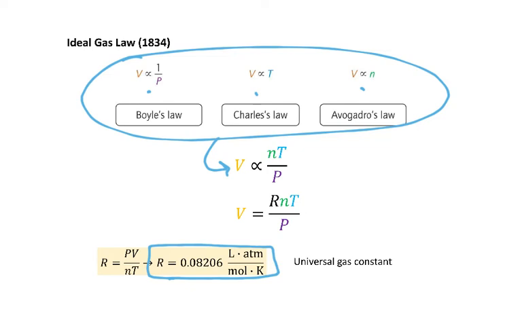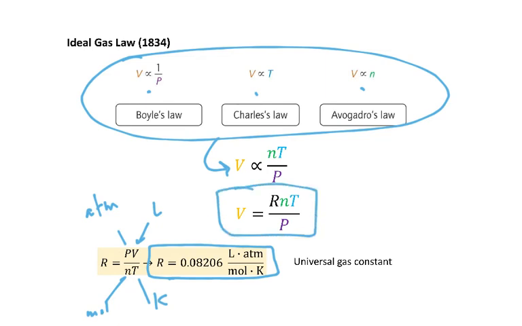And the units on that would be strange, but bear with me, liters atmospheres per mole Kelvin. Because nothing cancels out, they're all still there. That's what's needed to make this work. So this is universal, applies to every gas, and it is a constant.